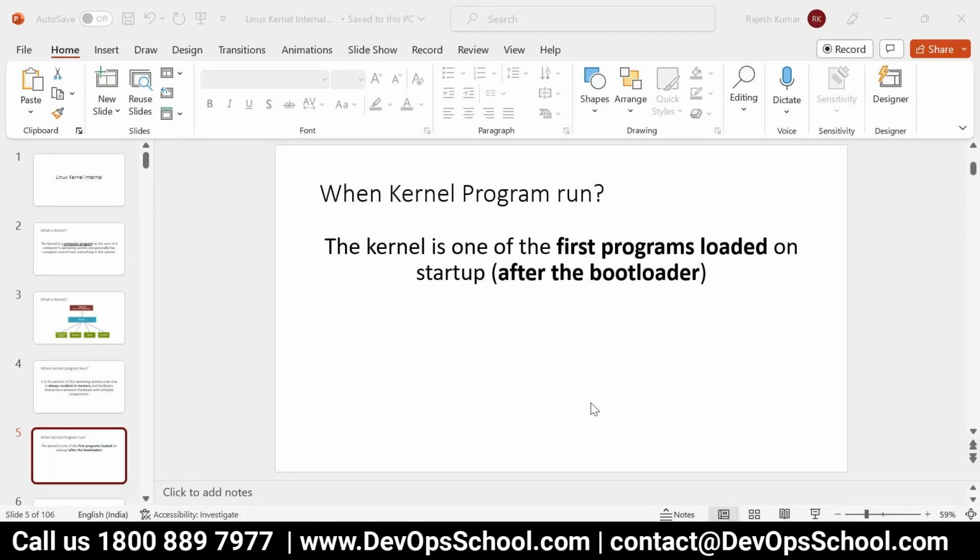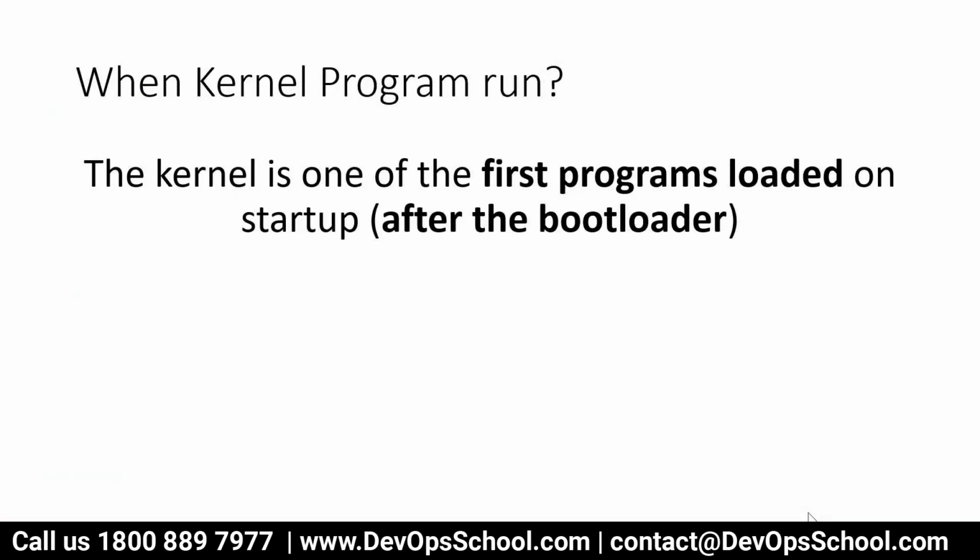Just a second. Yeah. So where the kernel program runs, the kernel is one of the first programs loaded on startup. So what happens when you start your machine, laptop or VMs? The first program which gets loaded after the bootloader is kernel program.